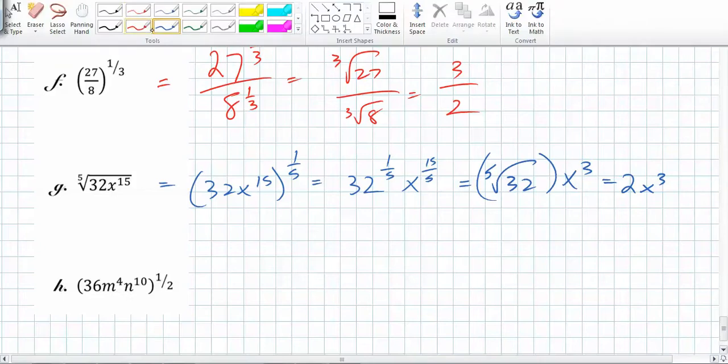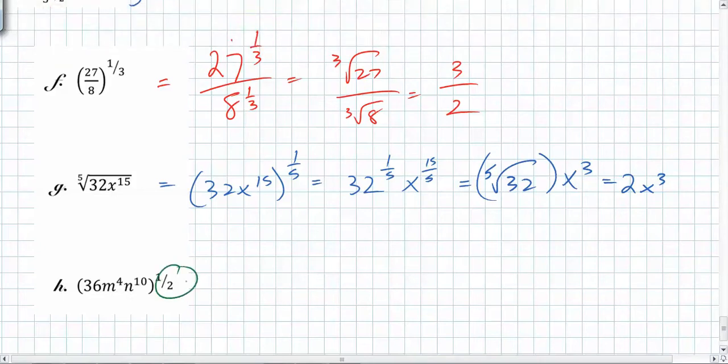And last, and again, this notation is a little sloppy because that fraction kind of looks like times 1/2. But what is it? It's not times 1/2. It's to the what power? This means to the 1/2 power right there. The formatting is a little off. But what do you do with that 1/2 power? You do 36 to the 1/2, m to the 4 times 1/2 and n to the 10 times 1/2.